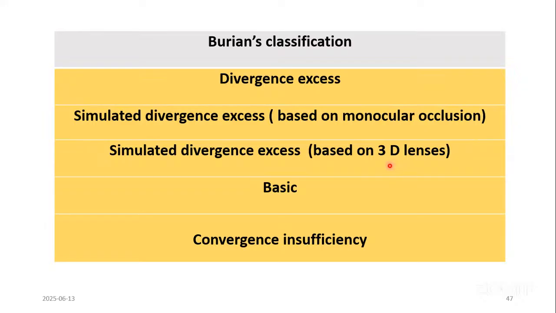If it increases, then that is a simulated divergence excess because of high AC/A ratio. If the patient, after monocular occlusion and after adding 3 diopter lenses, still has less deviation at near and more deviation at distance, that is a true divergence excess. Okay?